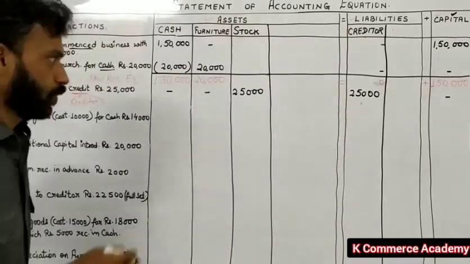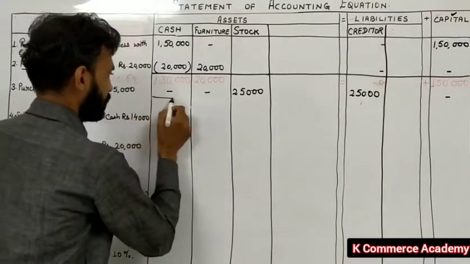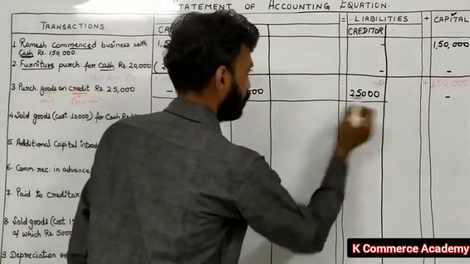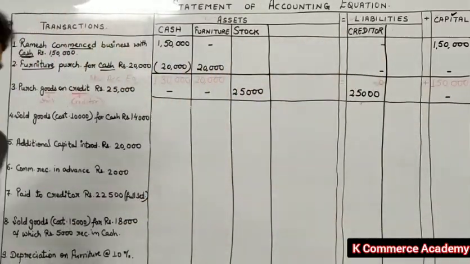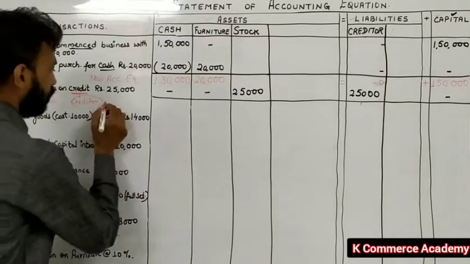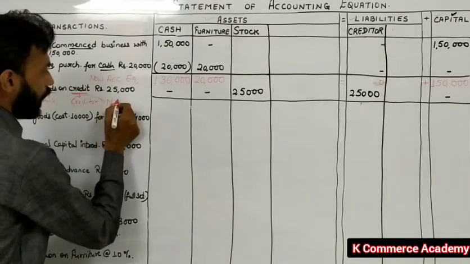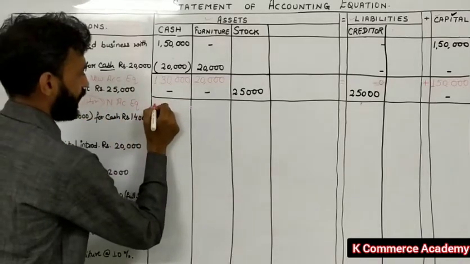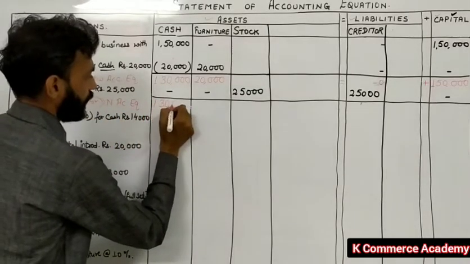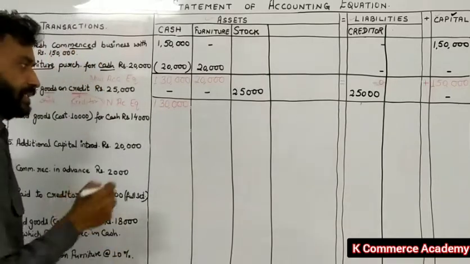Creditor is a person from whom we buy goods on credit. After this transaction, what do we have to do? We again have to check whether our accounting equation is satisfied or not. So we will form a new accounting equation. How much cash do we have? We have cash of rupees 1,30,000 as it is.